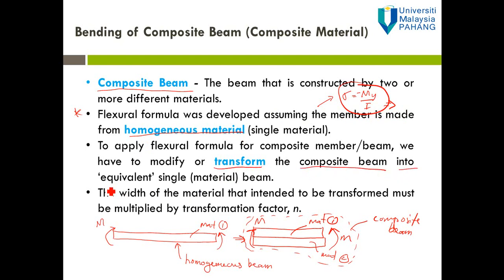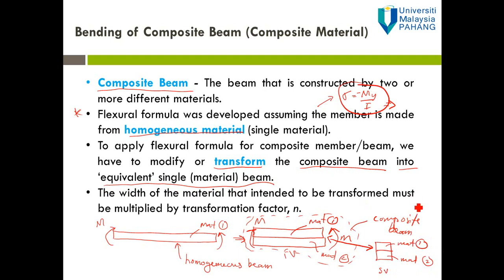So what we have to do is transform the composite beam into an equivalent single beam. For example, this is a front view of the beam, and if we look from the side view, we can see the same beam, with material 1 and material 2.